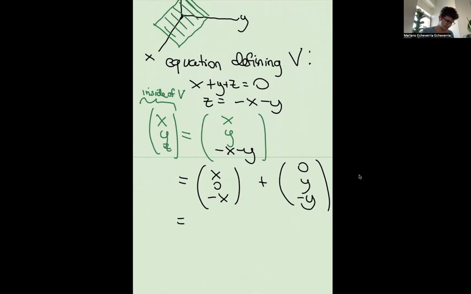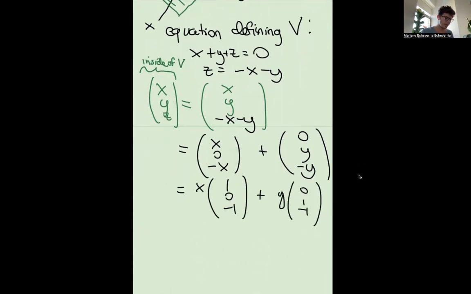So this is x times (1, 0, minus 1) plus y times (0, 1, minus 1). If you call these v1 and v2, this is precisely x times v1 plus y times v2. So it is a linear combination.